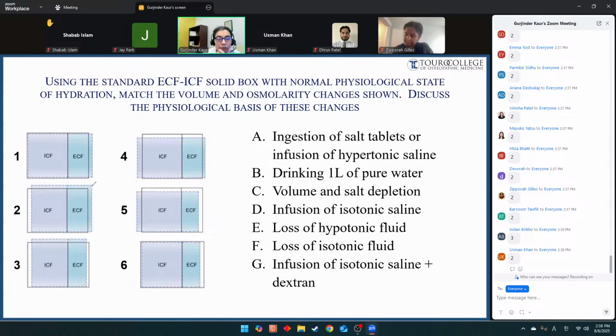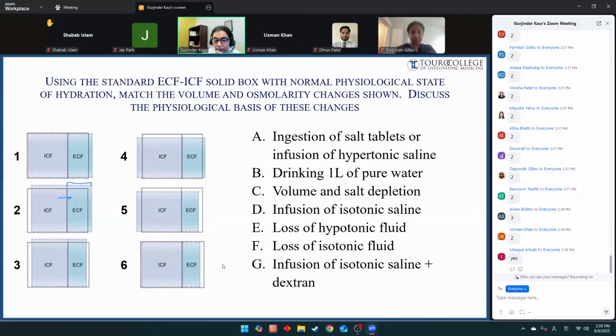So I'm going to explain it one more time in case you didn't get it. If this patient was ingesting salt tablets, let's assume that they had higher osmolarity in the ECF compartment first, right? So if your ECF was hypertonic, what is the next stage? Your cells will be shrinking to send some water this side. Am I correct?